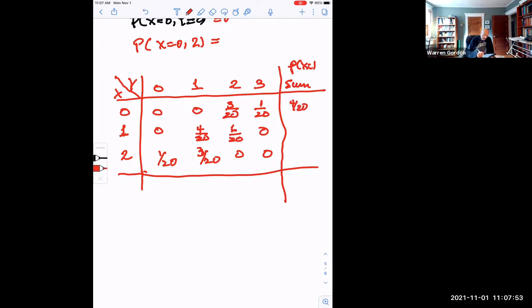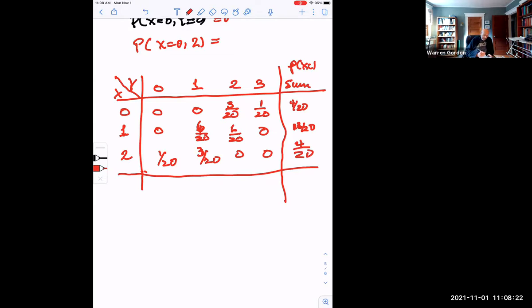The next row sum will be 10 out of 20. Oh, I lost something. I'm sorry, this is a 6, so this is a 12. And the last one is 4 out of 20.